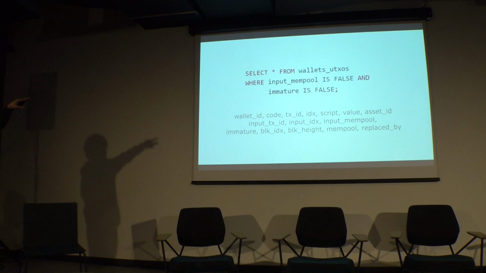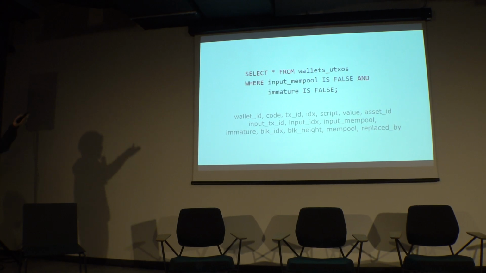And immature, for those who don't know, is that when you mine a new block, if you are a miner and you get a reward, your UTXO is immature. So you need to wait something like 100 blocks for it to be usable. So this is a kind of request that you can easily do to see which UTXOs are not used right now, for building my PSBT or whatever.